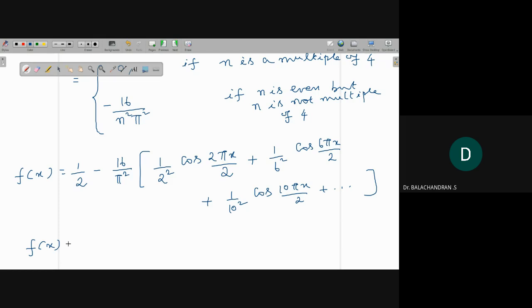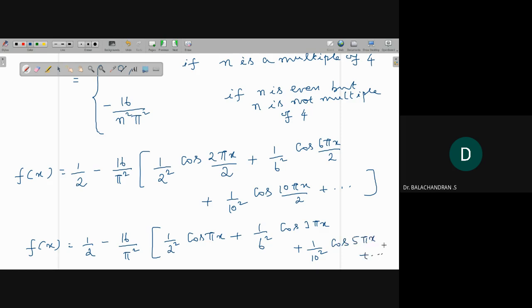F of x is equal to 1 by 2 minus 16 by pi square, 1 by 2 square cos pi x plus 1 by 6 square cos 3 pi x plus 1 by 10 square into cos 5 pi x plus and so on.